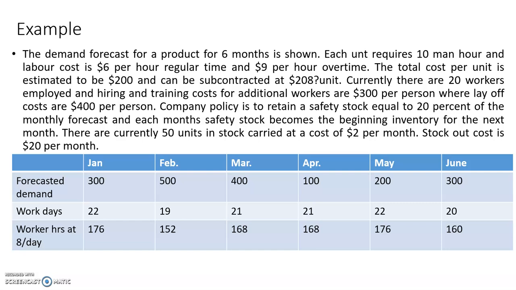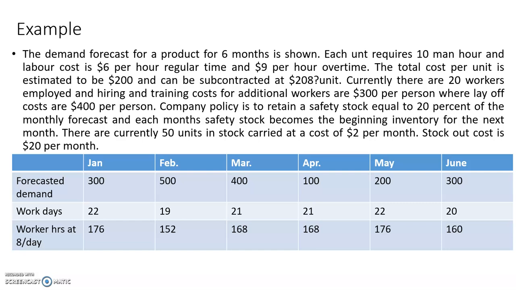An example here shows how this aggregate planning is done. The demand forecast for a product for 6 months is shown. Each unit requires 10 man-hour and labor cost is $6 per hour regular time and $9 per hour overtime.